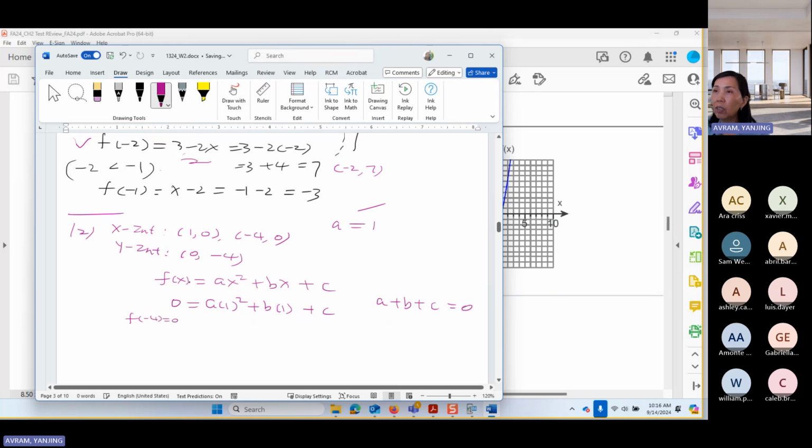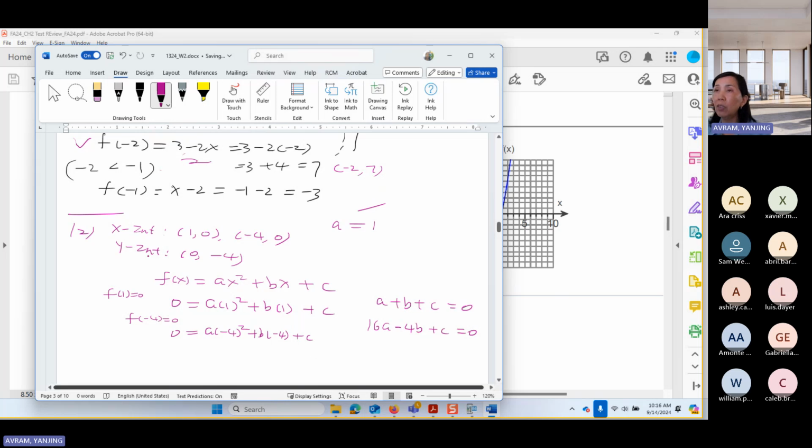So my y is 0 and x is negative 4. The square here will be positive, so that's 16a minus 4b plus c equal to 0.